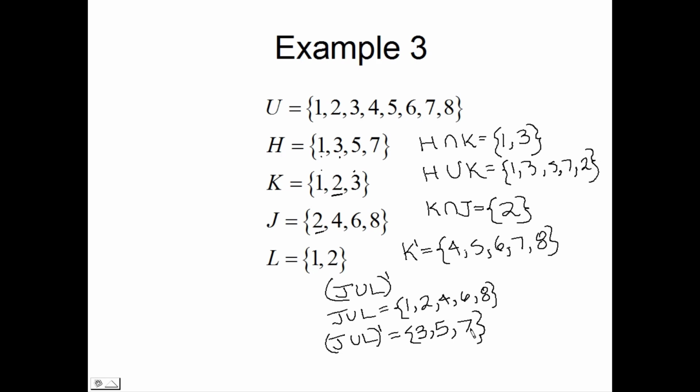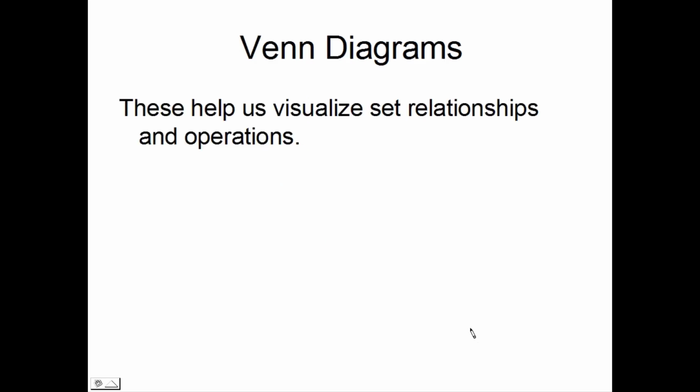Okay, that's an introduction to unions and intersections and complements. Venn diagrams help us to visualize set relationships and operations, and we'll be doing more of these. But here's an introduction, just using 2 sets.